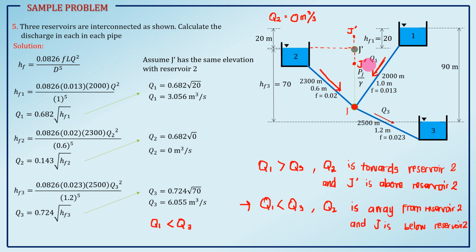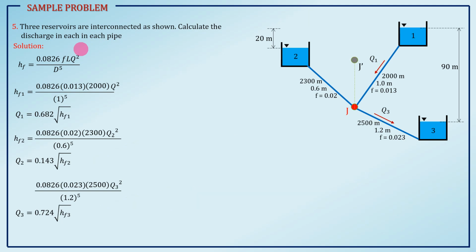Now, the values of Q1, Q2, and Q3 that we solved here are not the discharge answers in our pipeline. They are only from our assumption that J prime is level. But in the end, we found that J prime is lower. So, we can solve our problem more easily. We just have to relate the distances.